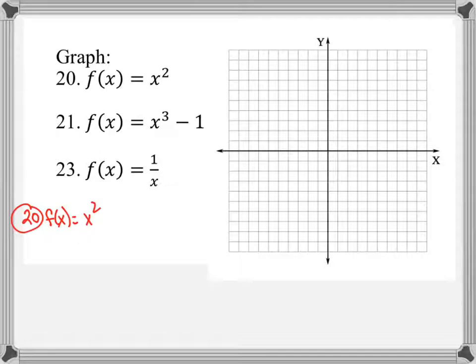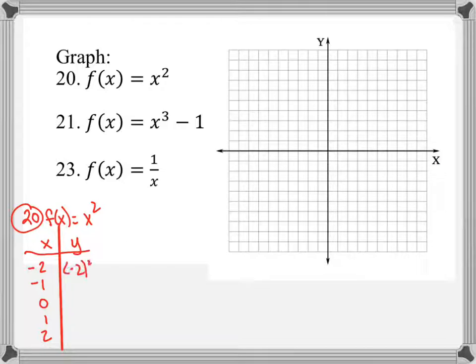But if you don't know some of the exact points, you could always create an xy table. We know that this has its vertex at the origin, and it's symmetric over the y-axis. So I could choose x values of -2, -1, 0, 1, 2.